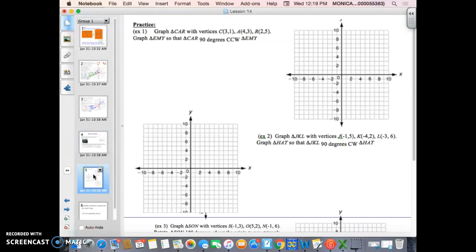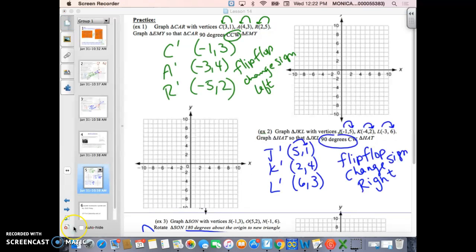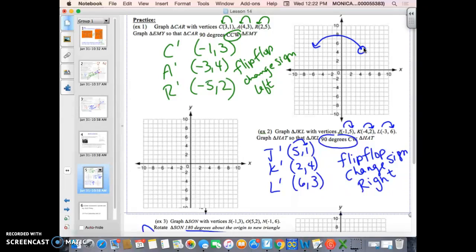So let's try some practice. Let's go ahead and graph these 3, and then we'll go back and we'll talk about it in a minute. So pause the video, work them out. I didn't draw the pictures for you. Hopefully you can see your pre-image and image, and it should look like a 90-degree counterclockwise turn. Well, the shape started out here, so it's going to be going from here over here.